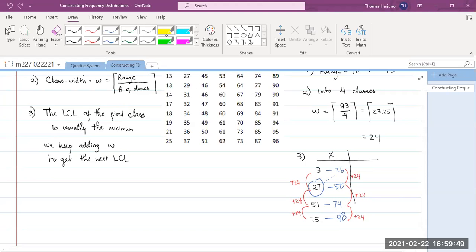Now you see that my 98 doesn't have to be the maximum. The rule is you keep on adding the class width from the upper class limit that you have here. That's how we do it.